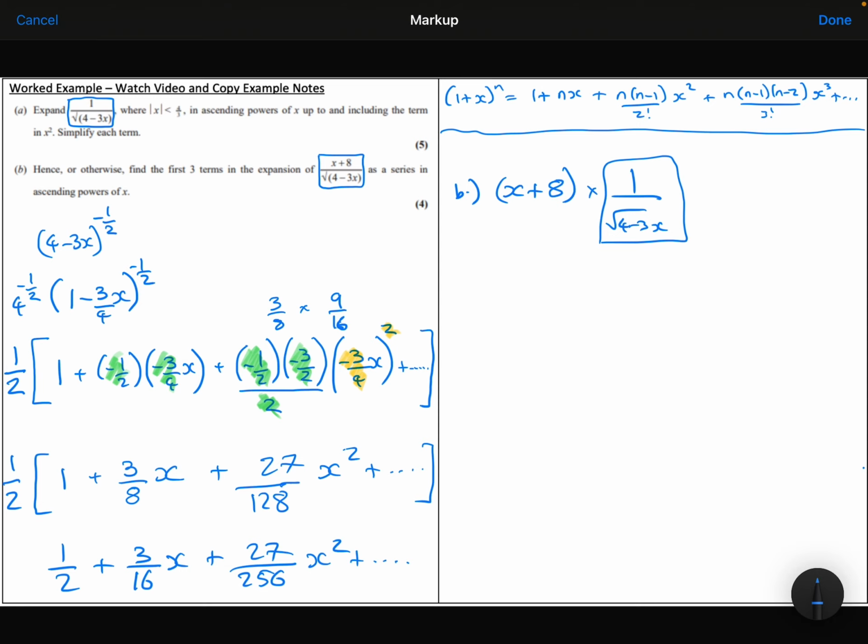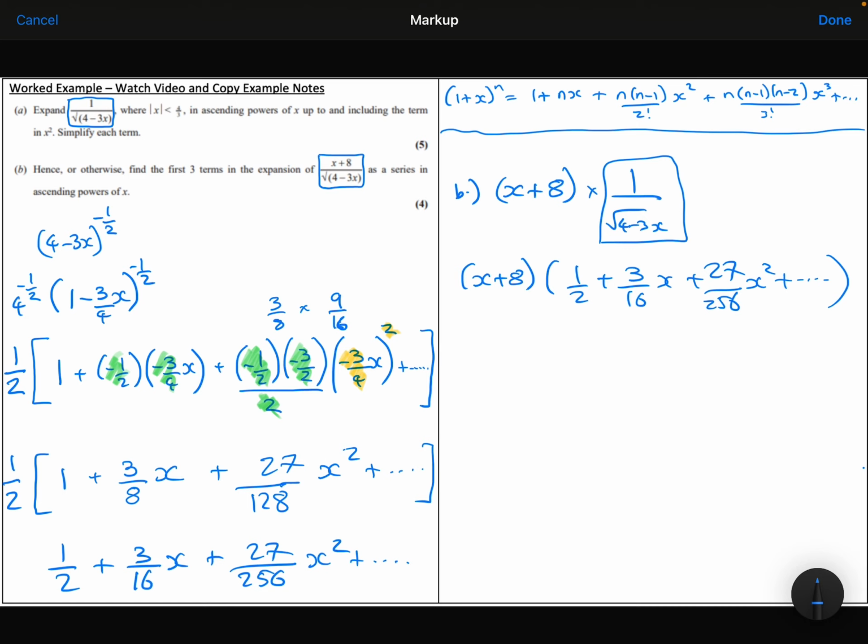That's my answer from the previous question. So actually I can do x plus 8 multiplied by 1/2 plus 3 over 16x plus 27 over 256x squared. And I only need to give the first three terms.